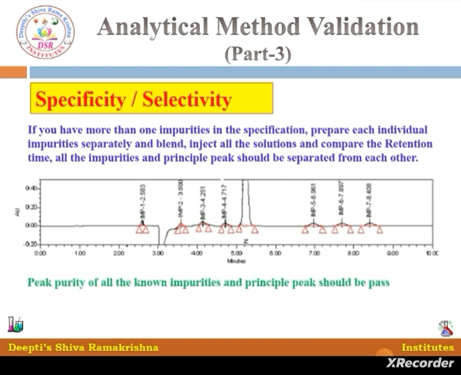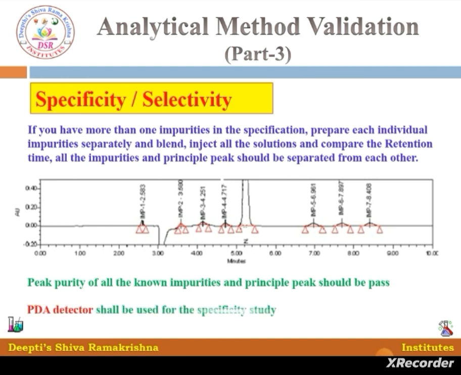Here is one more important topic: peak purity of all known impurities and the principal peak should pass. Peak purity means there are no hidden peaks in any of the impurities. By using the spectrum we can compare the peak purity of all the impurities.